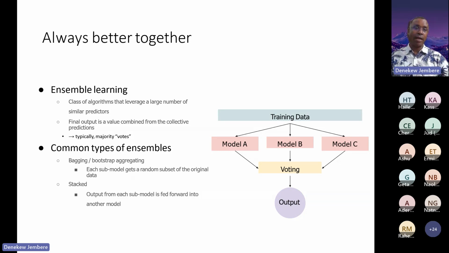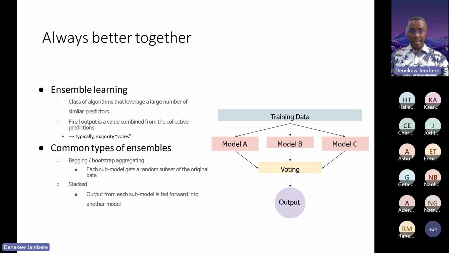You might train multiple models: model A, model B, model C. Each of these models gets trained on a subset of the data, and then all of these models vote on a new data point. You let these models vote on the fate of that new data, and finally a voting can happen, and at the end you set the corresponding output of that particular data. So this scenario is called ensembling.